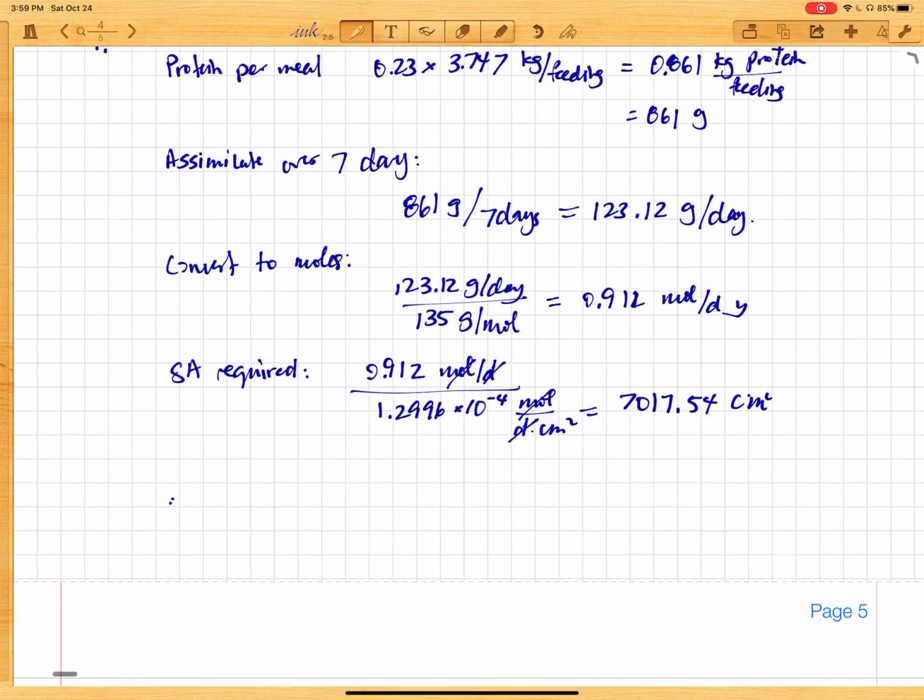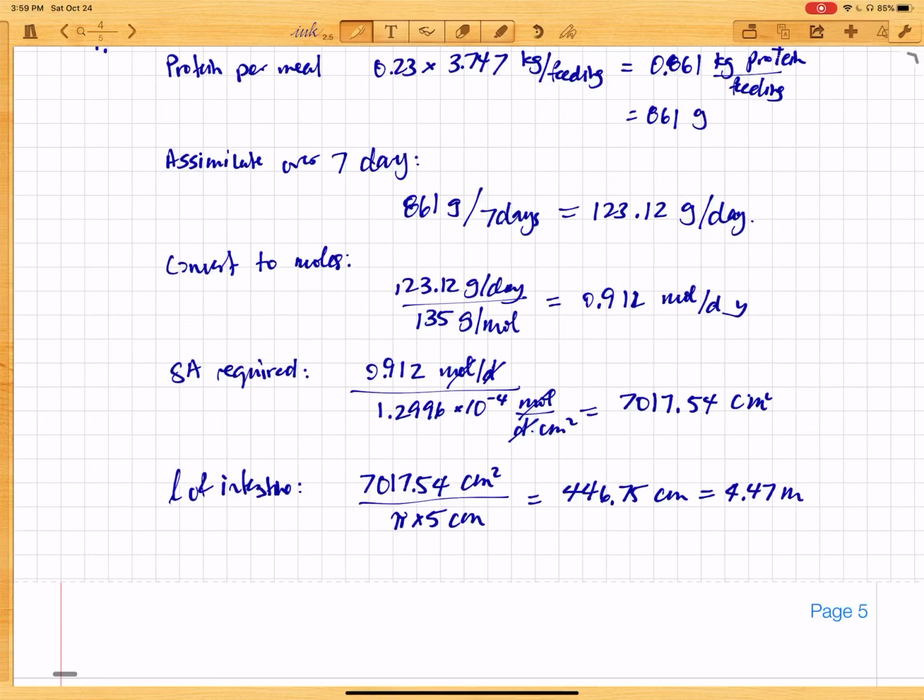So the length of intestine is just 7017.54 centimeters squared divided by pi times 5 centimeters, pi d, and that's going to give us 446.75 centimeters, or 4.47 meters.